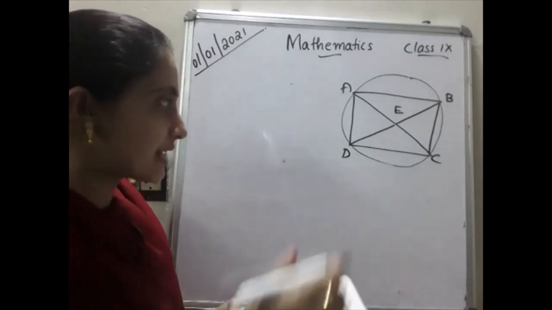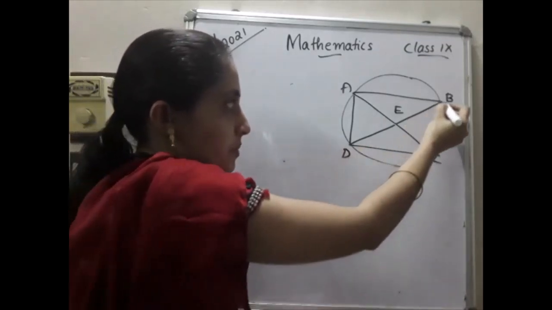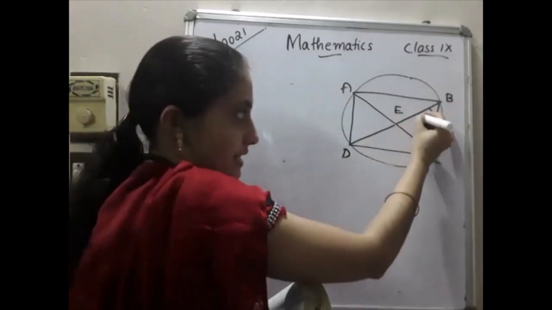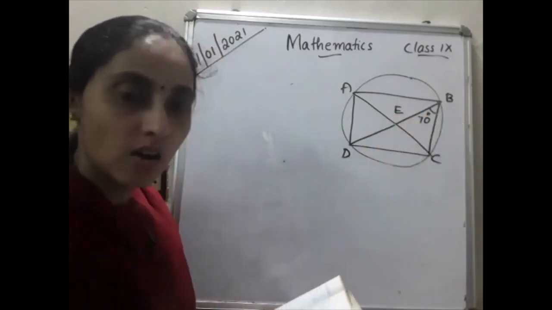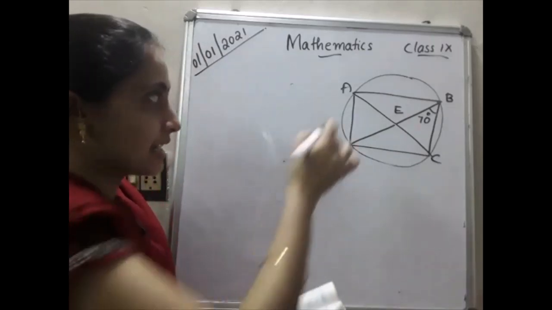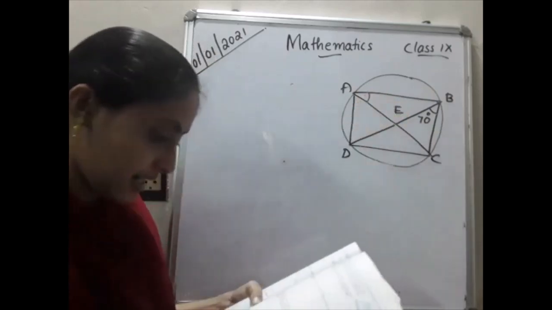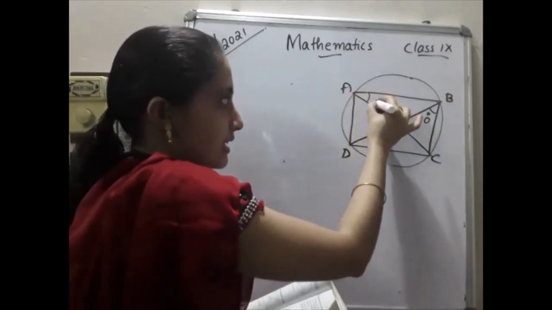Angle DBC is given as 70 degrees. And angle BAC is given as 30 degrees.